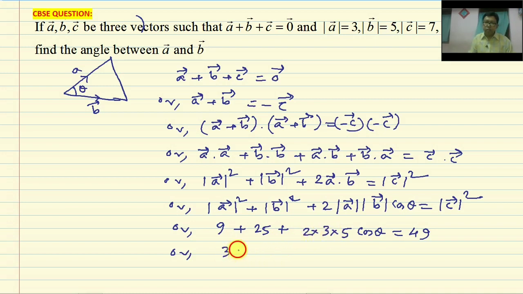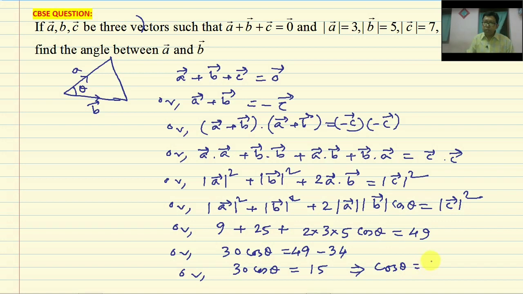So 30 cos theta is equal to 49 minus 34, which is equal to 15, and from here you get cos theta is equal to 15 by 30, that is equal to half.